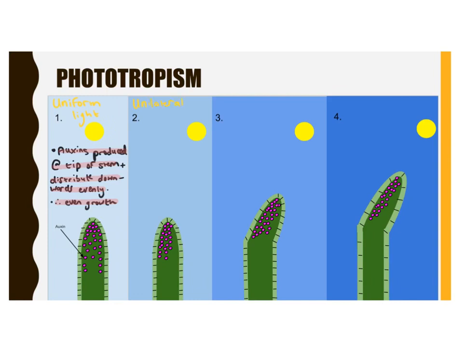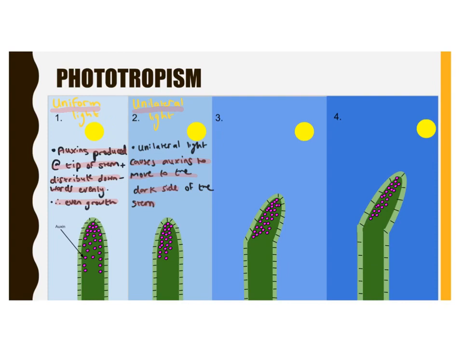You can see it is on the right-hand side of the plant. So what happens is that unilateral light causes auxins to move to the dark side of the stem. Or you can say the unilateral light kills some of the auxins on the light side of the stem. But again here, just want to reiterate, we have unilateral light versus uniform light in the first picture.